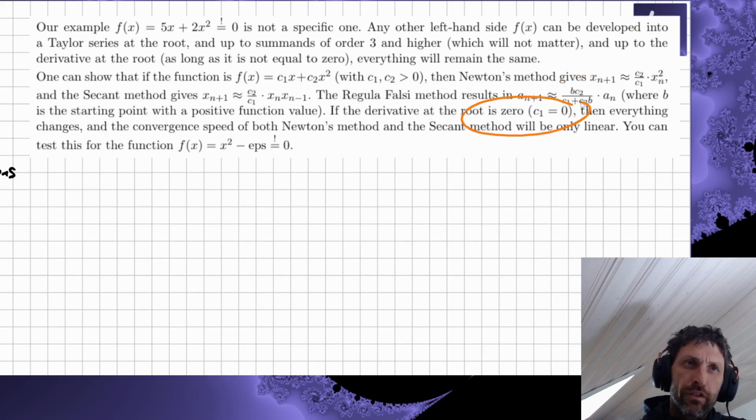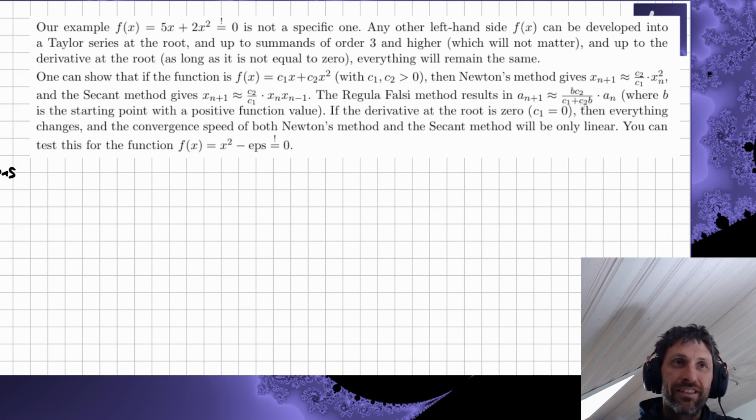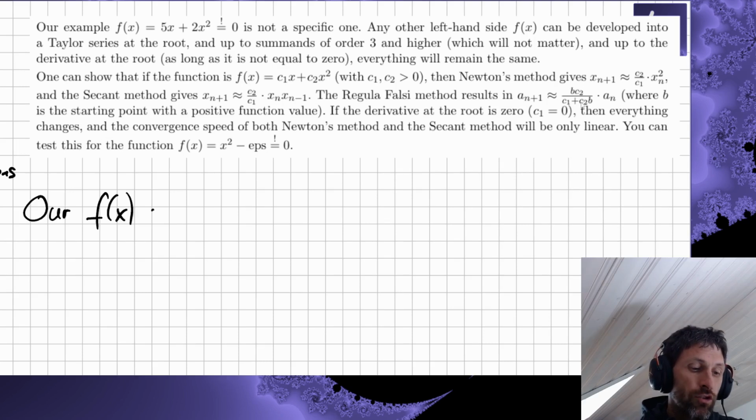If the derivative at the 0 you are looking for is 0, then everything changes and our analysis is no longer true. You will lose the superlinear convergence for all the methods, for Newton, for secant, and you will be only linearly convergent, and the bisection in that case is more or less the best you can do.